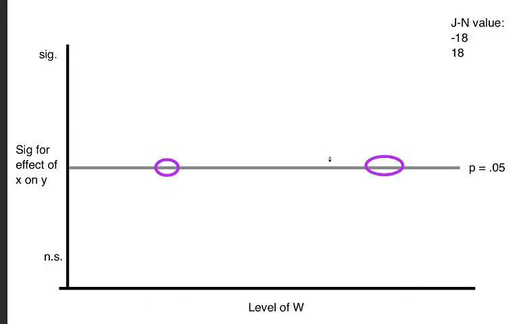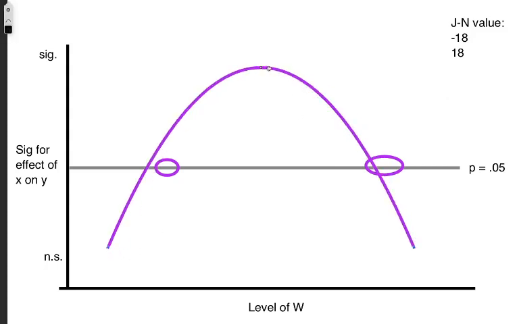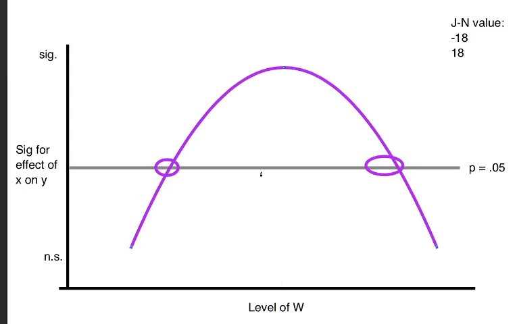Now, remember that this is just one of the two ways it could look if we have two Johnson-Neyman values. It could also look something like this. Again, it's the same cutoff, so we draw it down to this value.